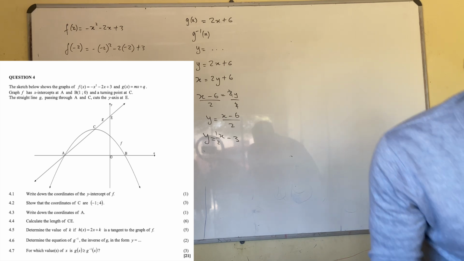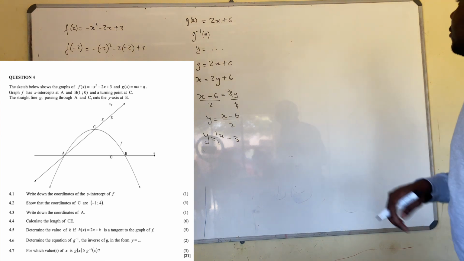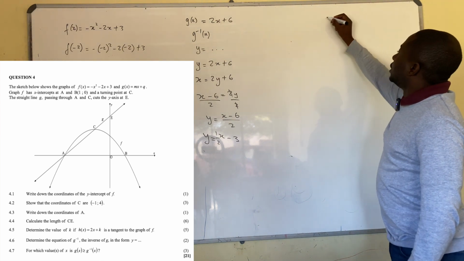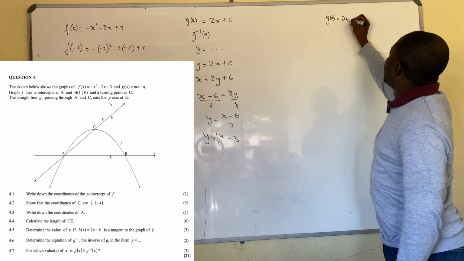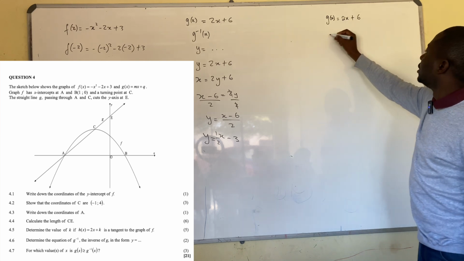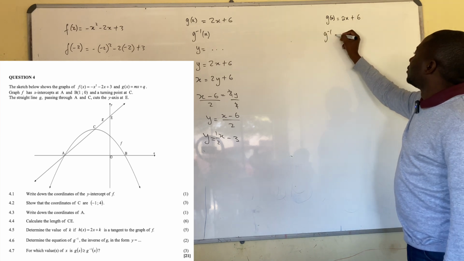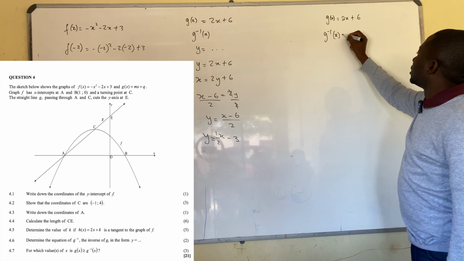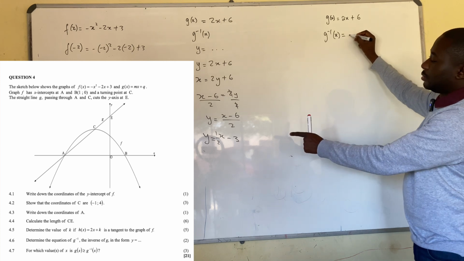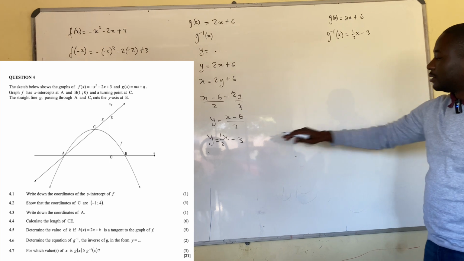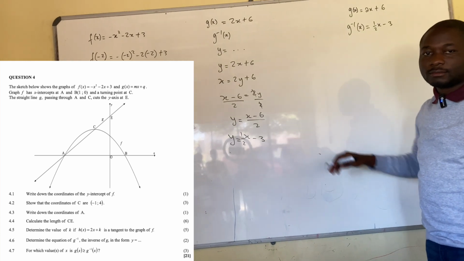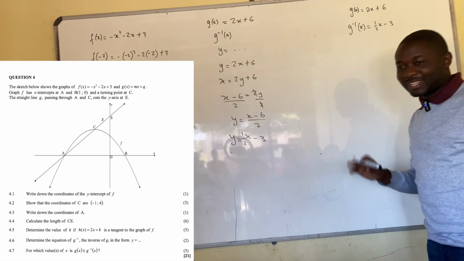Now, we have g of x is equal to 2x plus 6, and the inverse of g of x is half x minus 3, which we found in the previous question. So it's fine.